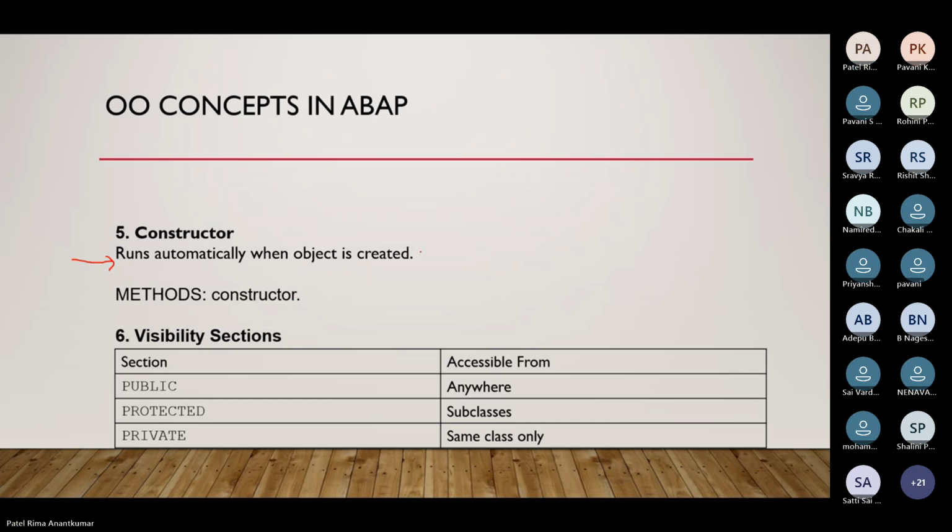Okay. So in ABAP also we can create the constructor, and we declare it using the syntax METHODS, and then we just need to write constructor. Okay, nothing else. How do we create a constructor in Java? Can anyone tell me what the name of the constructor in Java will be?